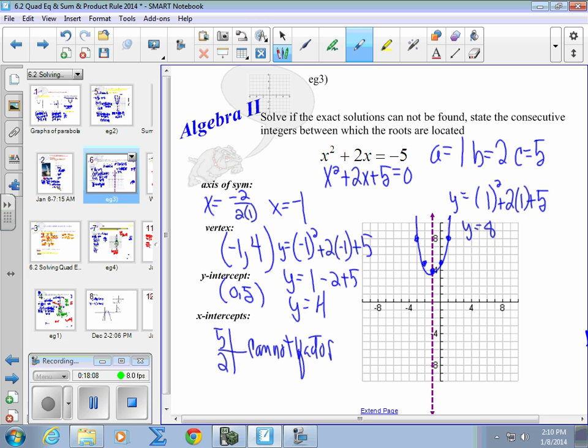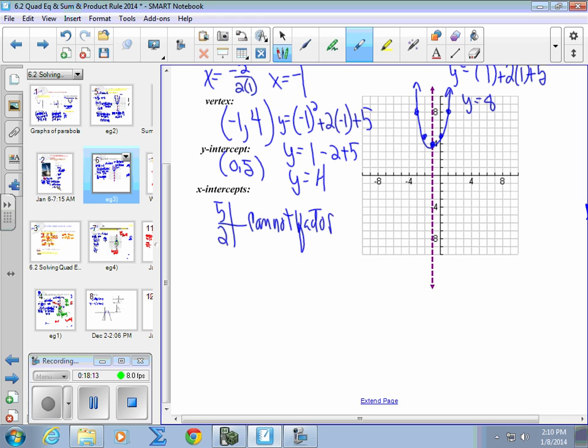Does our curve ever cross the x-axis? No. So we have two complex solutions.